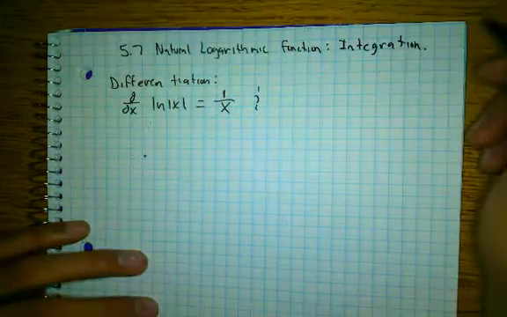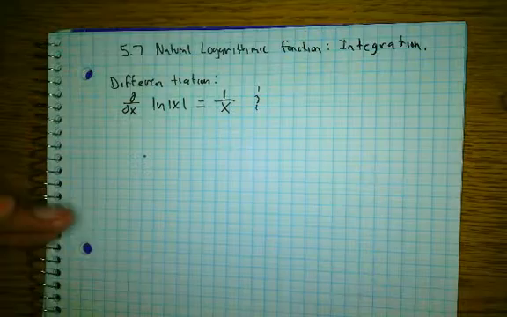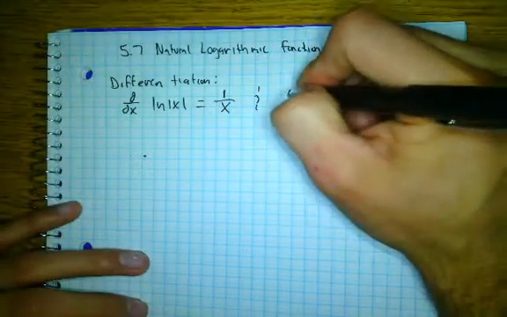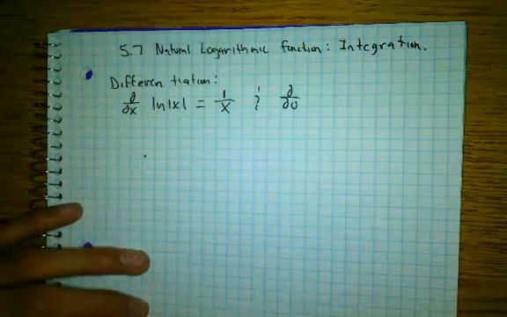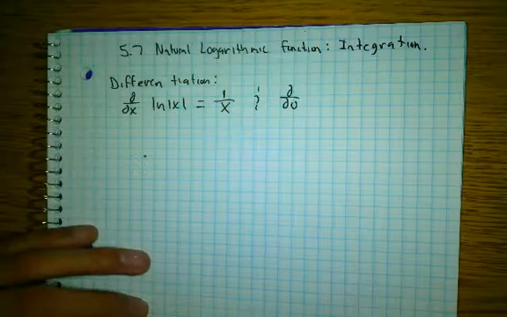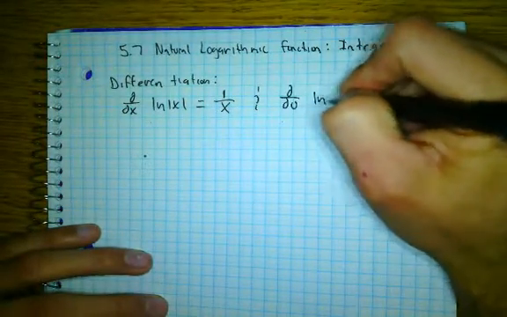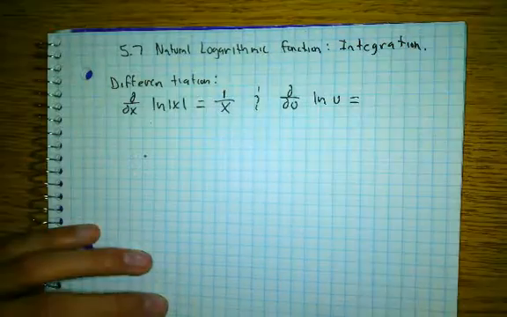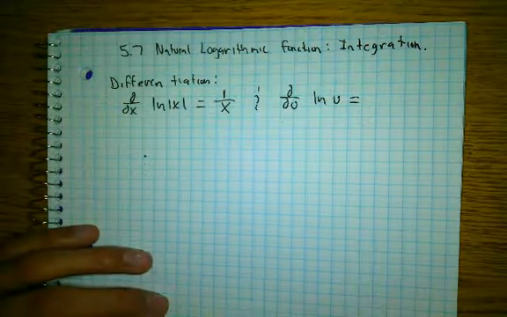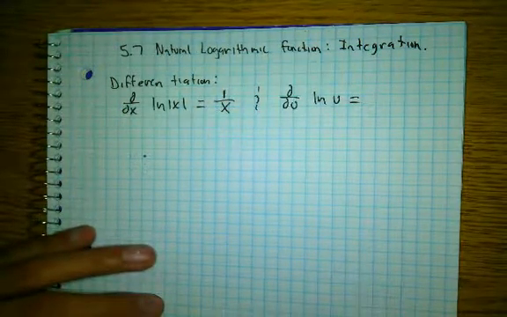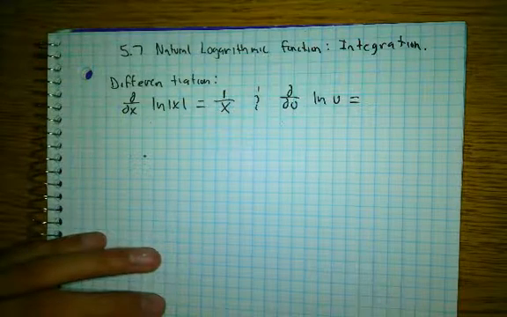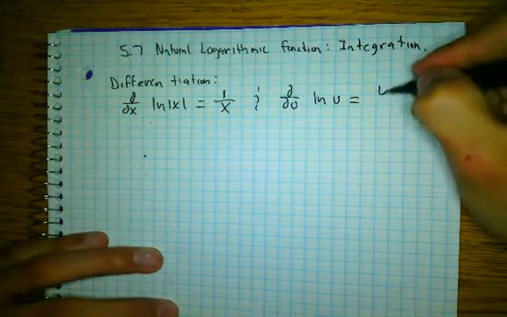However, you don't always have natural log of x. So what if it's something else? Let's pretend that we have the derivative in terms of u, of the natural log of u. What would that be? Good.